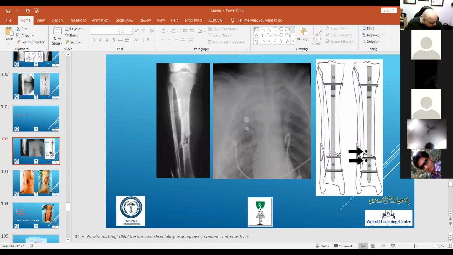Do you remember your physiology books when you were reading? Do you remember the Sir Cuthbertson model? What was that? Sir Cuthbertson model, the ebb and flow phase. Do you remember that? Yes, the ebb and flow phase. What is that?